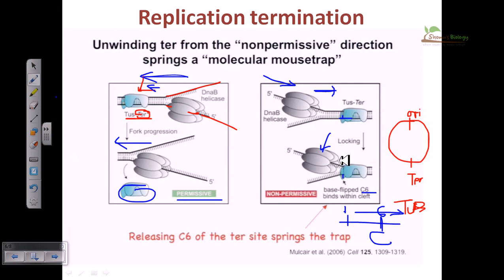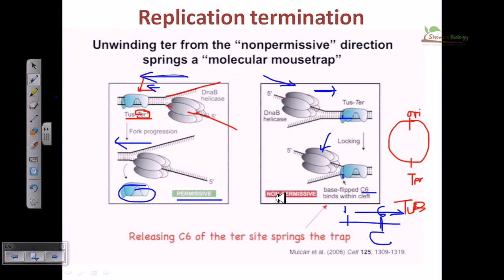As a result of this base flipping, this helicase cannot move on, as this Tus protein binds to the termination site with much stronger affinity than the previous time. As a result, this helicase is not able to dissociate it, and it remains in the binding condition with this DNA.